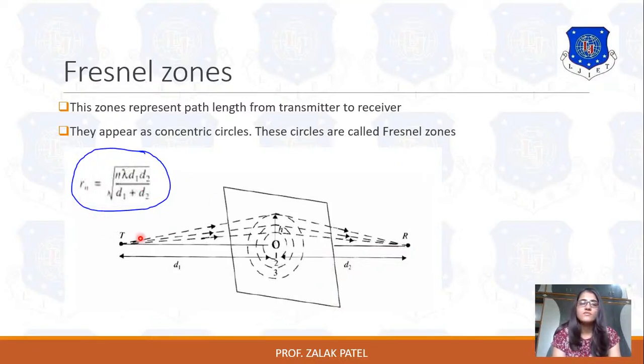This is the equation used to find the radius of the different Fresnel zones, or Fresnel circles.